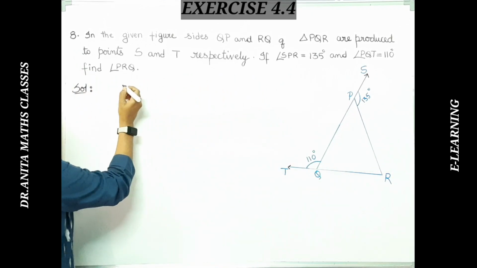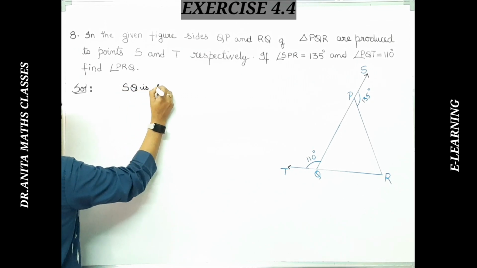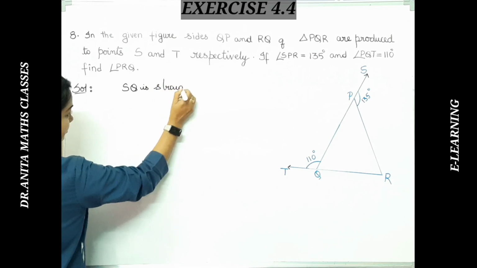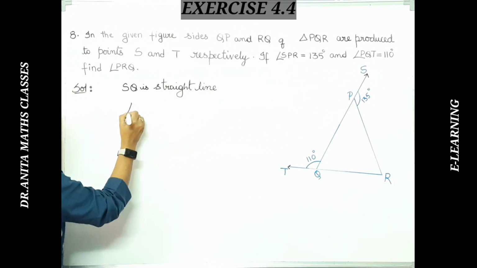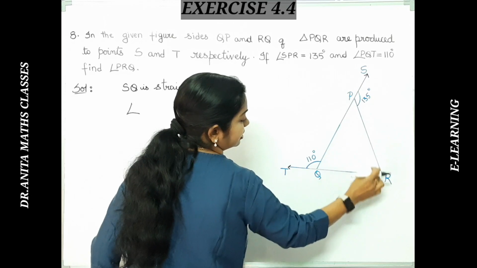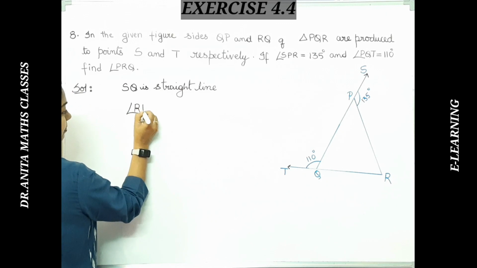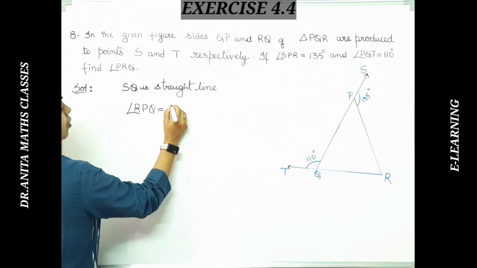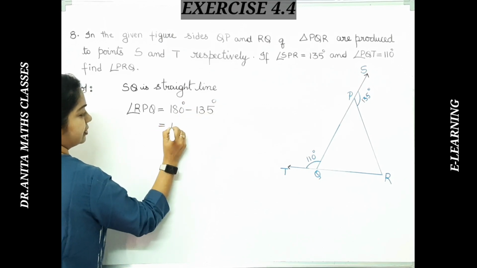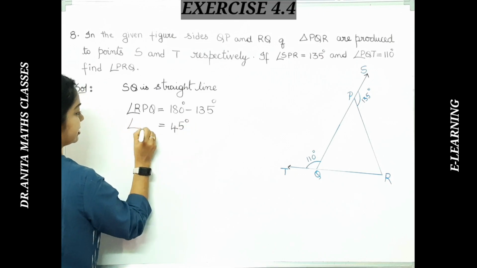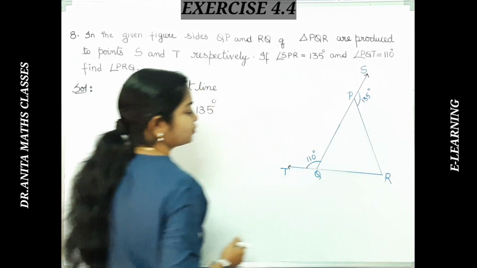So let me write here: SQ is a straight line, therefore angle RPQ equals 180 minus 135, that is equal to 45 degrees.